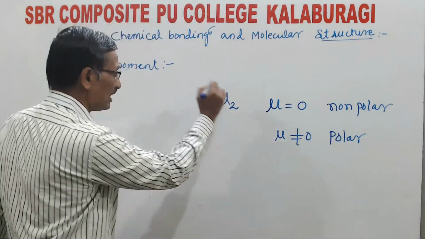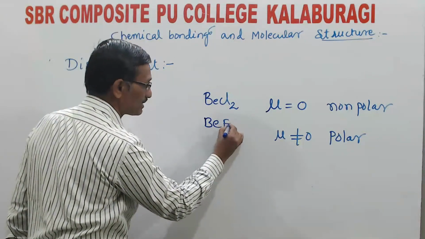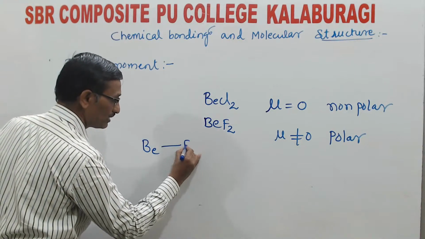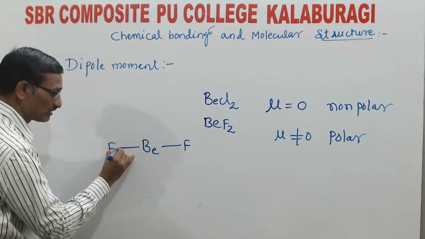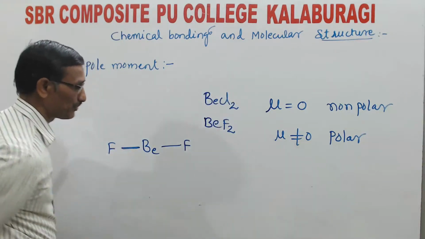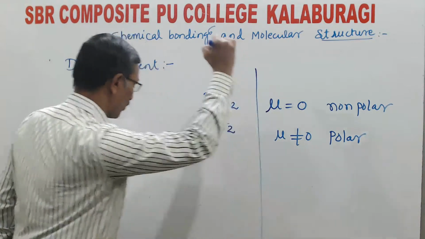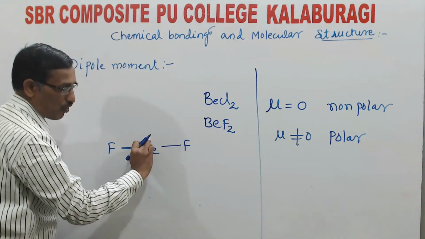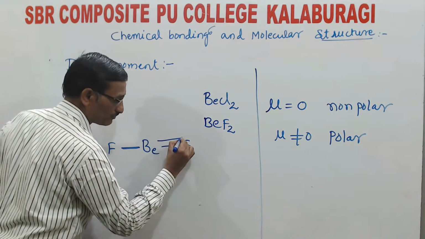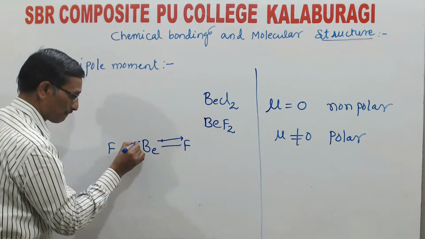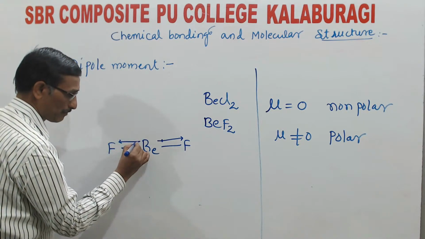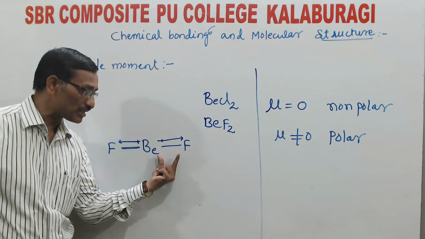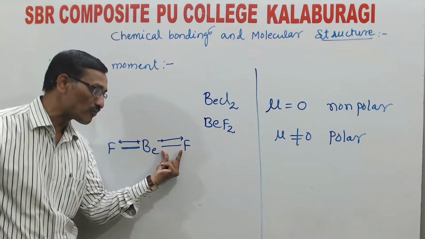Now if you take beryllium fluoride, let us see here. Beryllium is the central atom. Now fluorine, here also fluorine atoms have been taken. Same environment, we can write both these examples. Now if you see here, showing the directions from positive center towards negative. Two beryllium and fluorine bonds will be there.